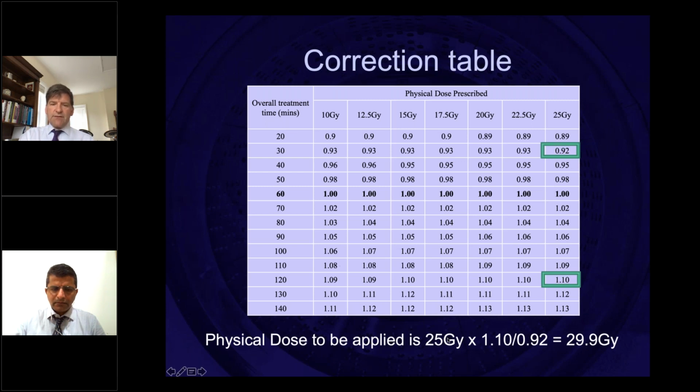So the physical dose to be applied to that 25 gray is 1.1 for the 120 minutes that we've currently got, and we divide that by 0.92, which is the treatment time that we want to normalize the treatment to. And that means we need to deliver 29.9 gray in order to get the equivalent of 25 gray in 30 minutes.